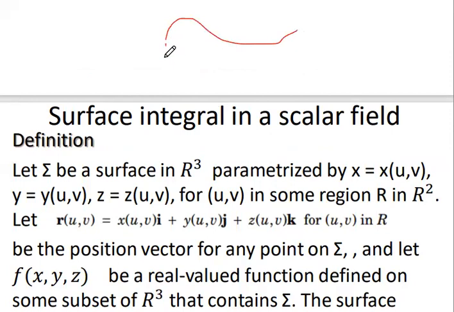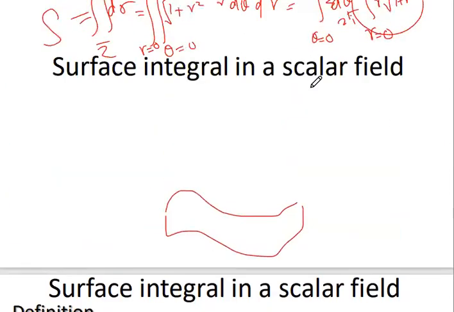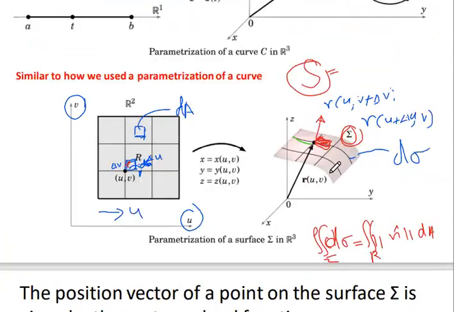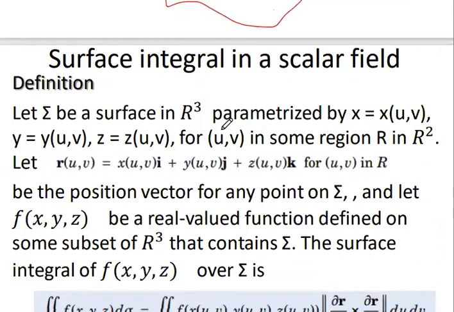This is your sigma, and this is your region in 2-dimensional space. And you have this relationship: d sigma is equal to the magnitude of the normal vector times dA. That is the conversion, right? So you have that.